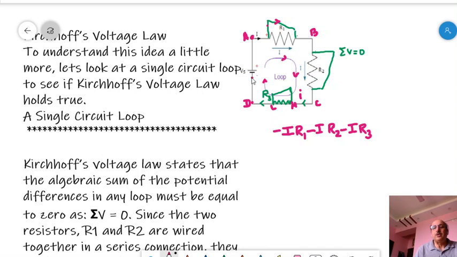So the appliance is the voltage appliance, that is the source, and the potential at this point is lower, at this point is higher, and we are moving from the lower potential end to the higher potential end. So it is plus V source, and it is equal to 0 as we reach point A.